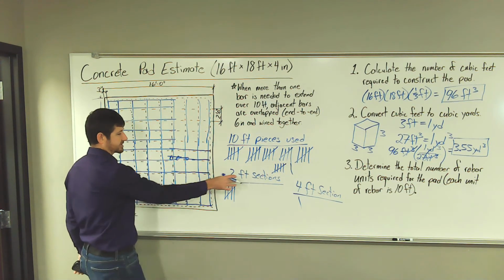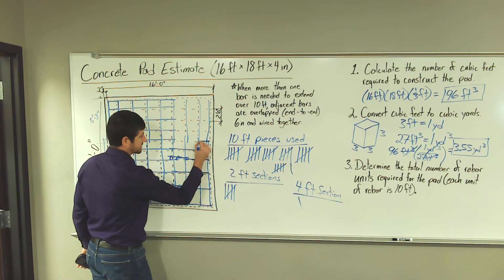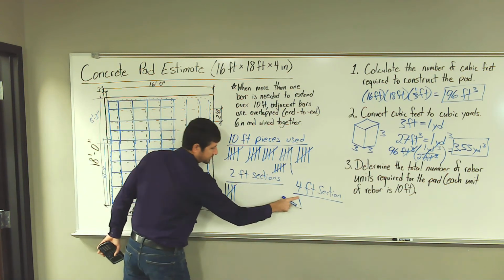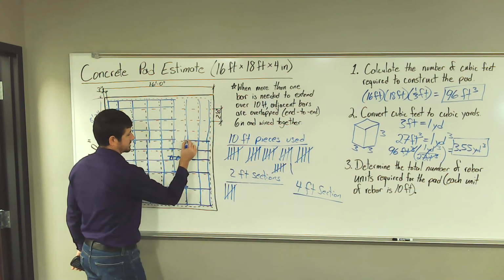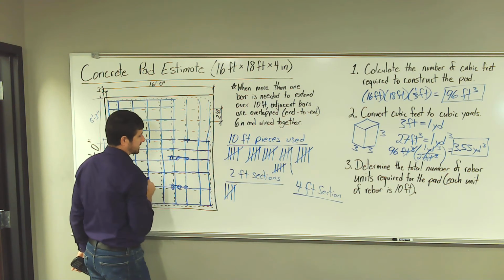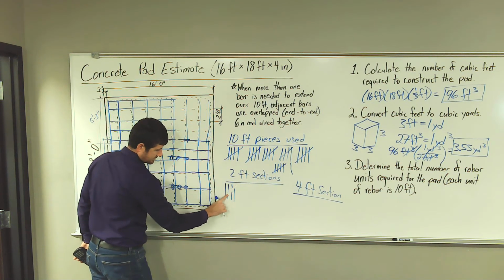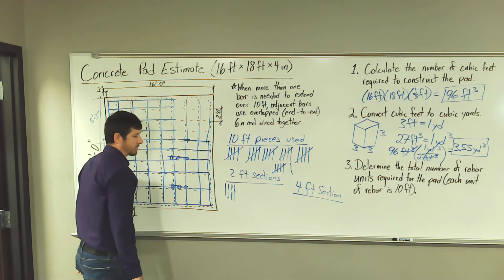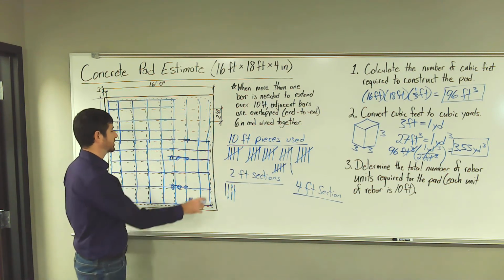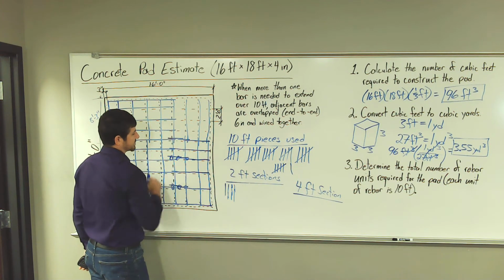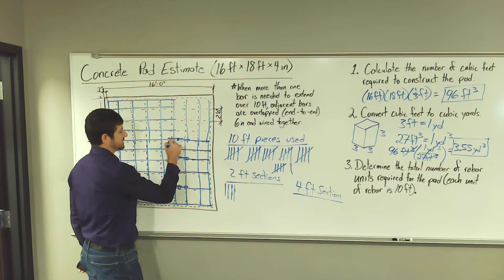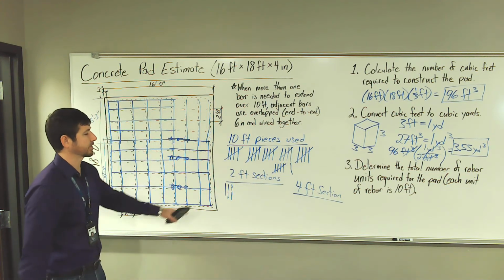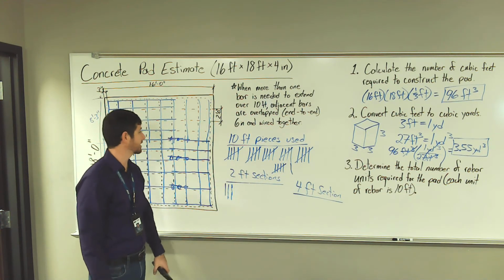Okay. Next, let's use that 4-foot piece, and we're going to use a 2-foot piece right there. So now we have 4 2-foot sections left over. I'm going to use a 2-foot piece so we can tie all that together. Now we only have 3 2-foot sections left.